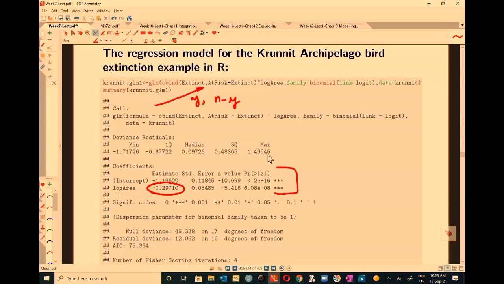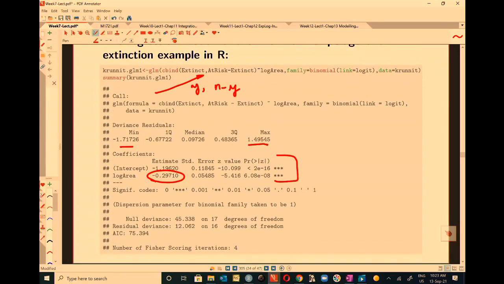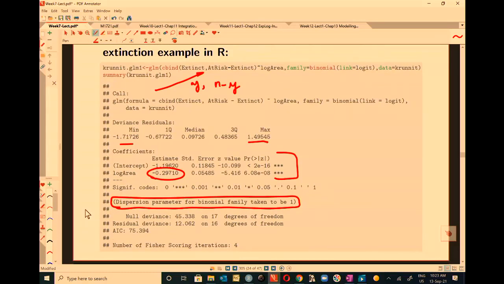The other things over here that may be of interest is just to look at the deviance residuals, how big or small they can be here. And the other thing is that you will always find this thing that we ignore for the moment: it says the dispersion parameter for the binomial distribution is taken as 1 here. And the other thing you'll see is the null deviance is 45.338 on 17 degrees of freedom, and the residual deviance is 12 whatever on 16 degrees of freedom.